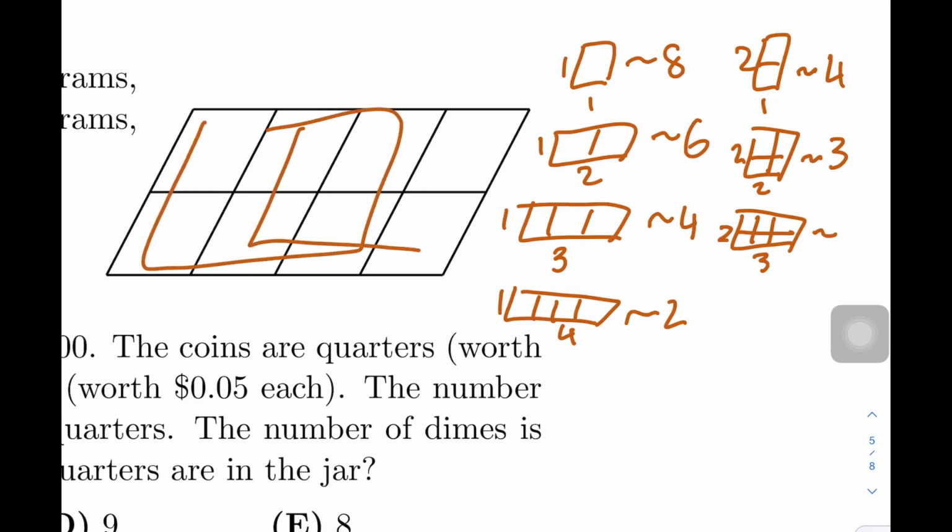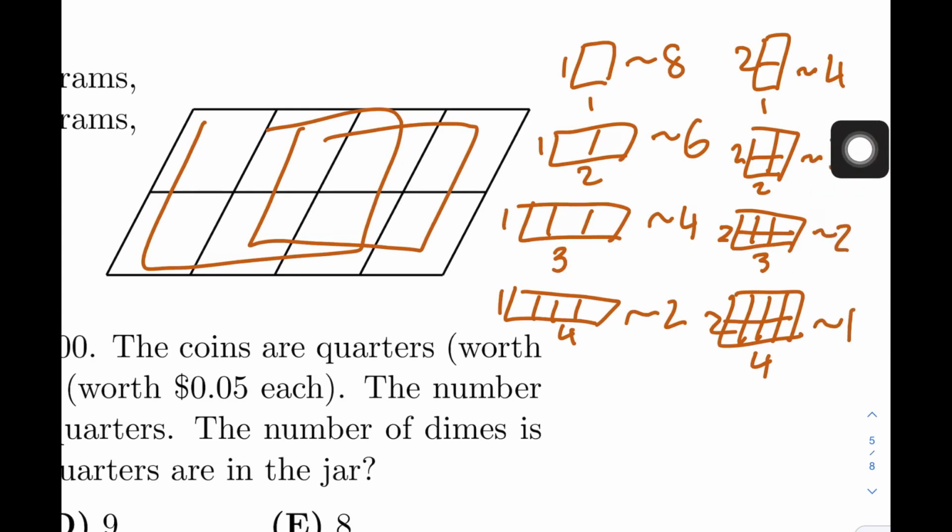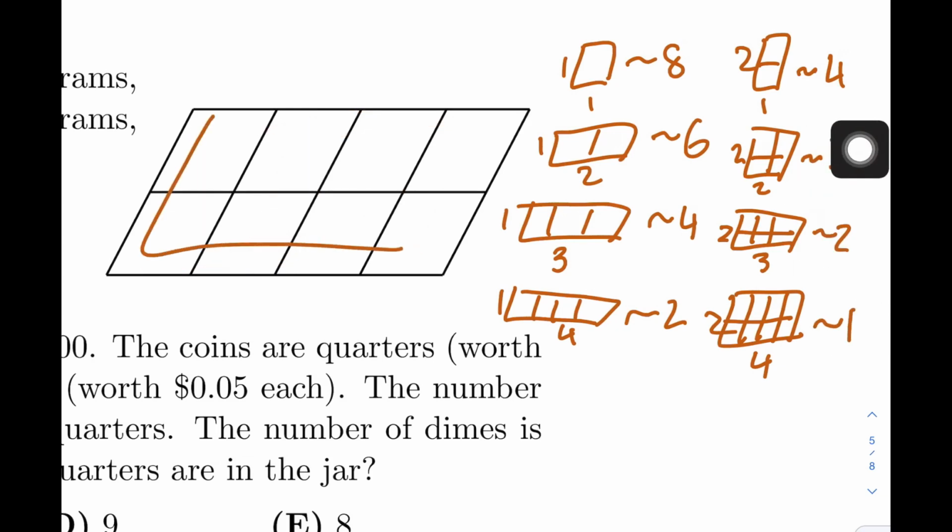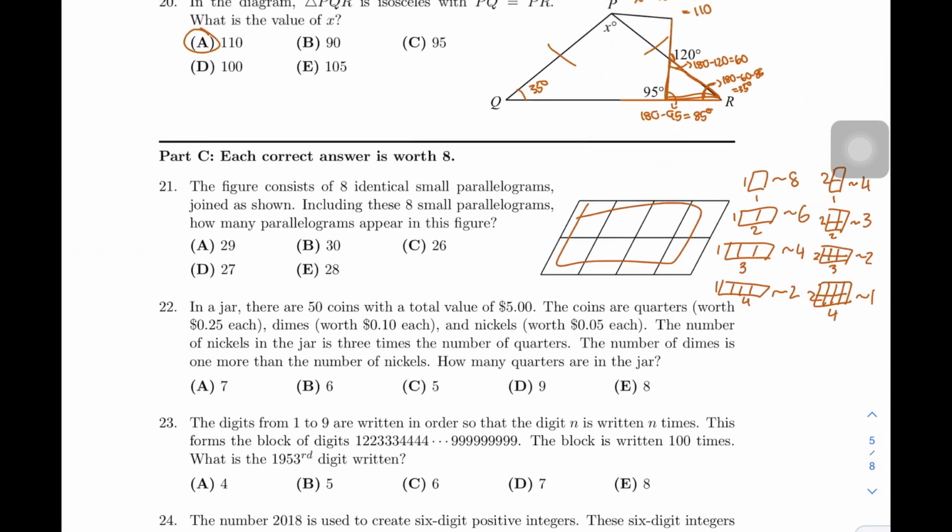And we have 2 of these. And then lastly, we have the 4 by 2. And there's only 1 of this, which is the entire shape. Therefore, if you add up 8, 6, 4, 2, 4, 3, 2, 1, you should get 30, which is B.